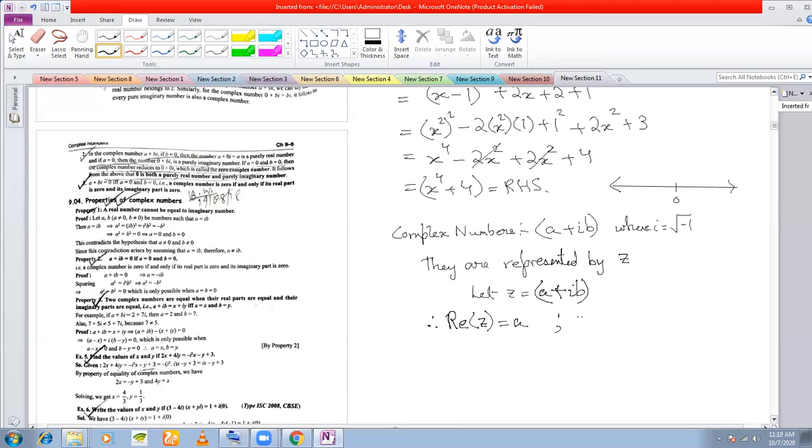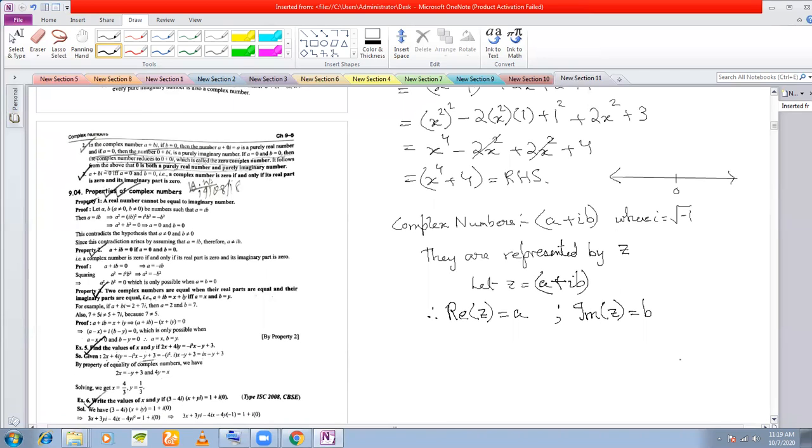And I say that the imaginary part of z, Im z, is equal to b. So the real part of z is a and the imaginary part of z is b, in the complex number z is equal to a plus ib.